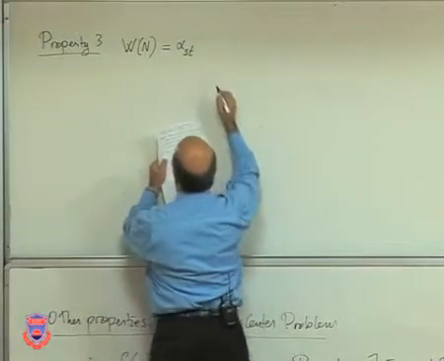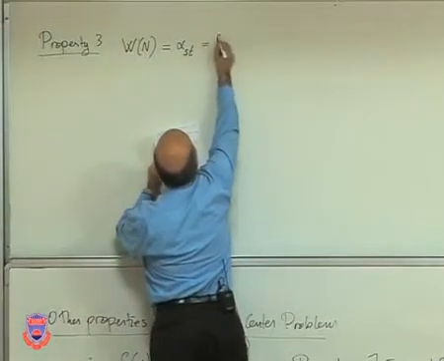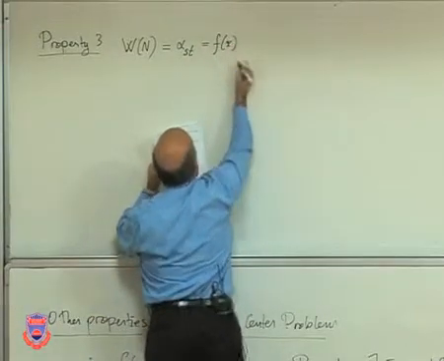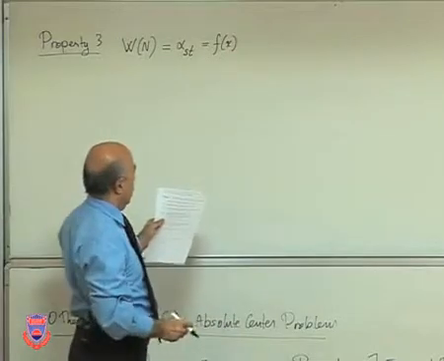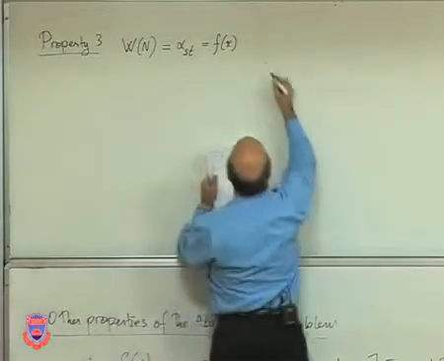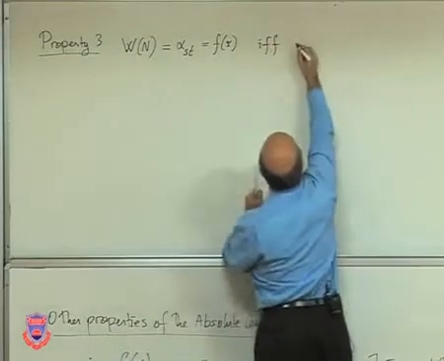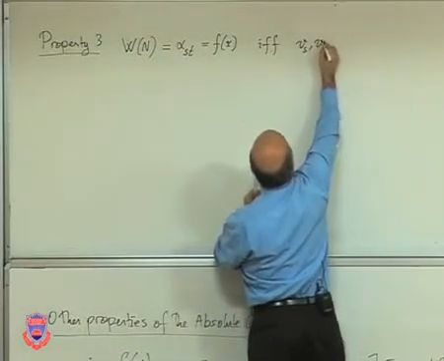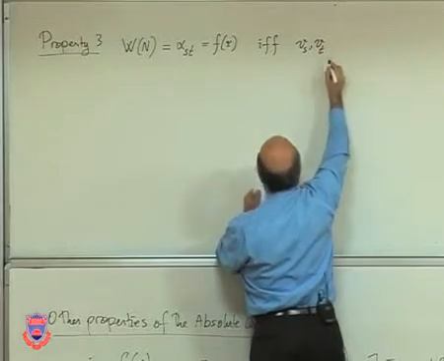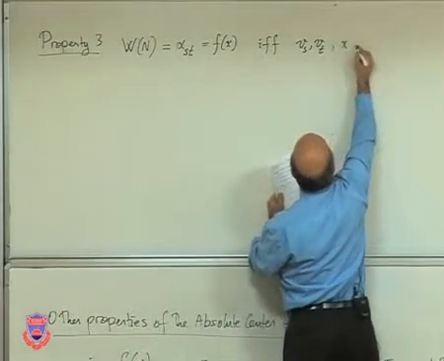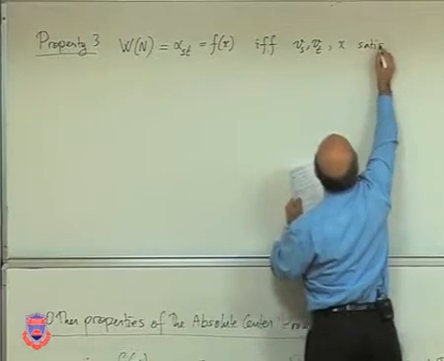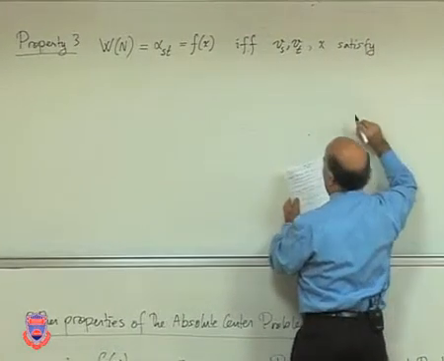So Wn equals alpha ST, and that's going to be equal to some f of x, for some x, if and only if the vertices Vs, Vt, and the point x satisfy the following conditions.